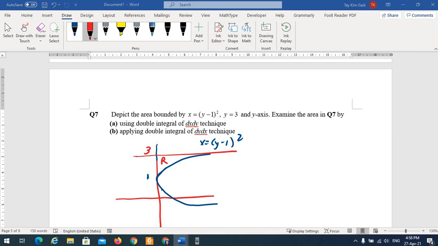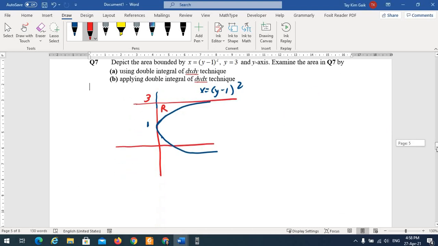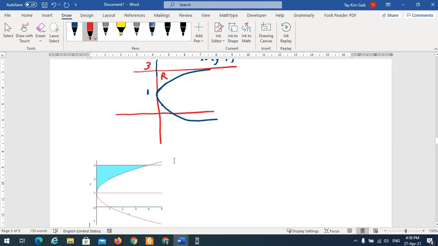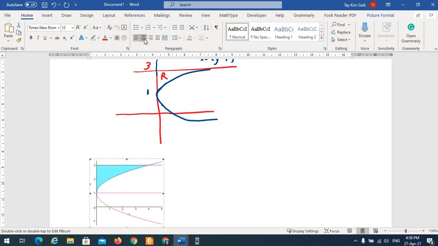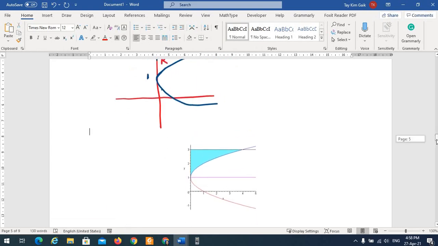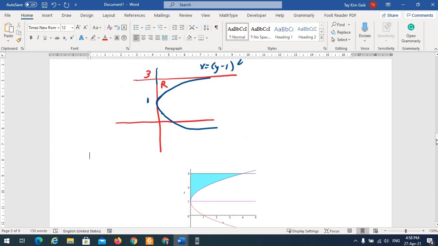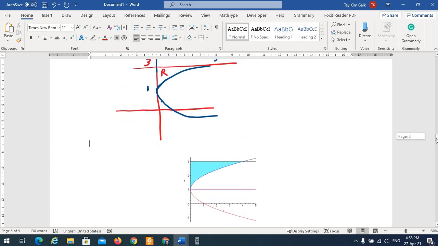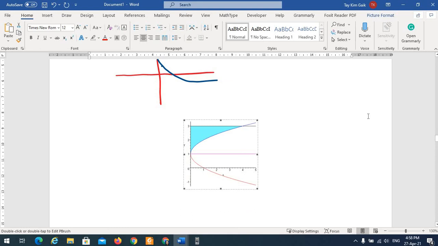Let's draw using the graphing tool. This one is freehand. This is using the tool.